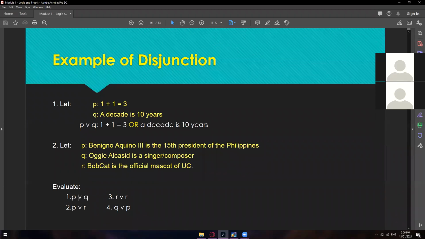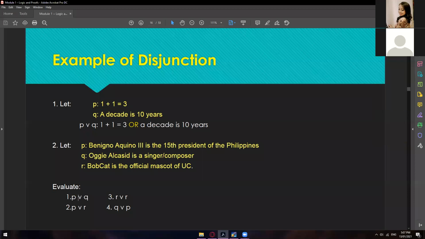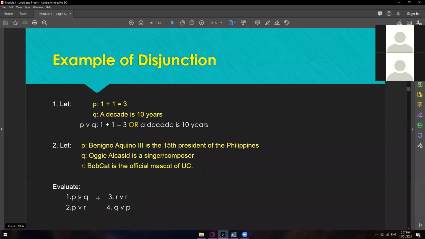So could you please answer number 1, Mr. Bradley? Benigno Aquino III is the 15th president of the Philippines, or Ogie Alcacid is a singer or composer. Alright, that's good. How about you, Miss Galigues? Number 2. Benigno Aquino III is the 15th president of the Philippines, or Bobcat is the official mascot of UC. Okay, number 3, Mr. Dom.